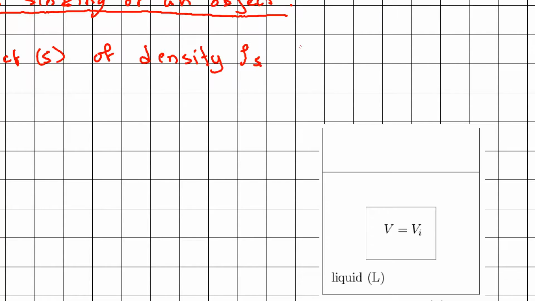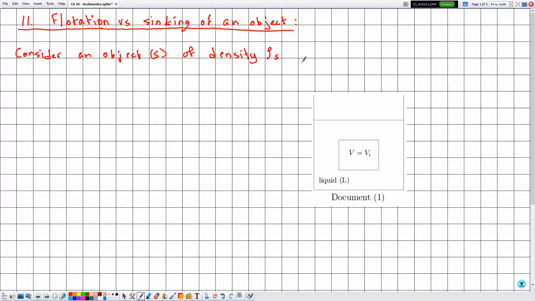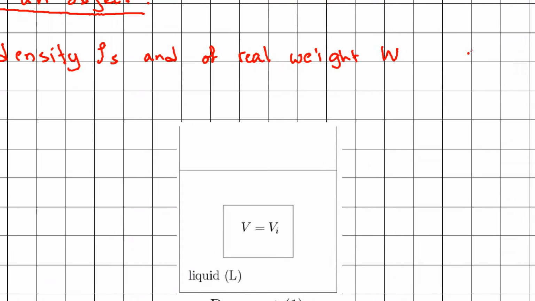It carries the subscript S because it's the density of this solid, which is immersed completely in this liquid, and of real weight W. Here the real weight doesn't carry a subscript R, but what I mean by W is the real weight, which is given by W equals M times G.